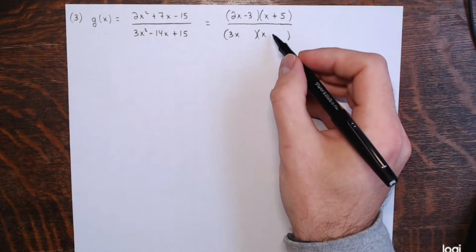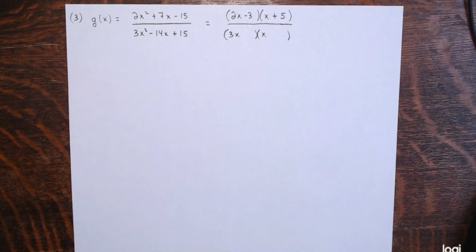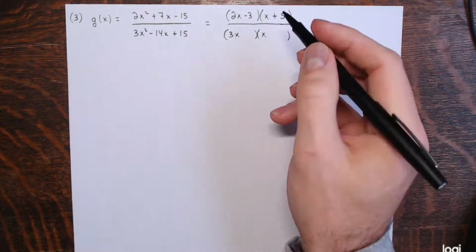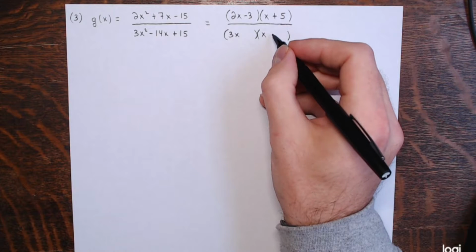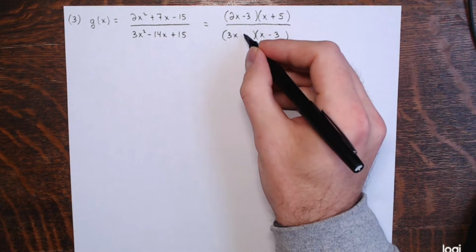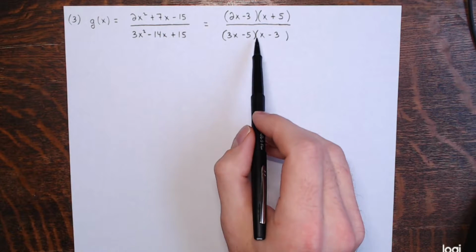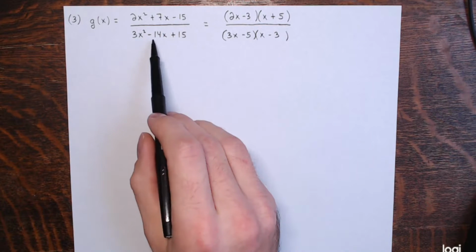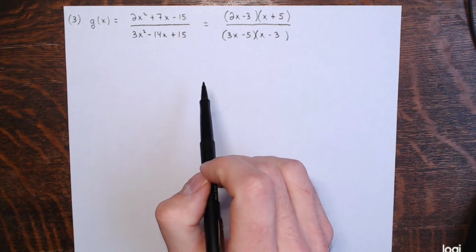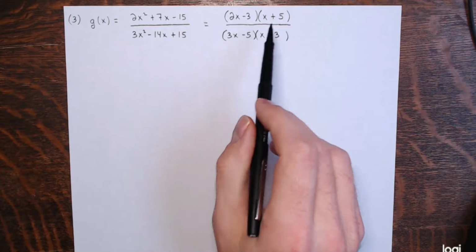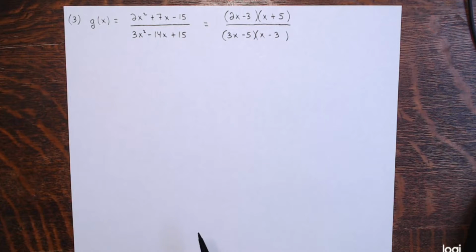Is that even factorable? Oh yeah, that's factorable. Minus 3 here, minus 5 there, because that'd be the plus 15, minus 5x, minus 9x, or minus 14x. Excellent. Alright, so numerator and denominator are factored.